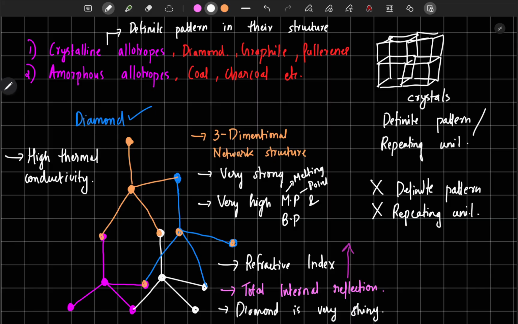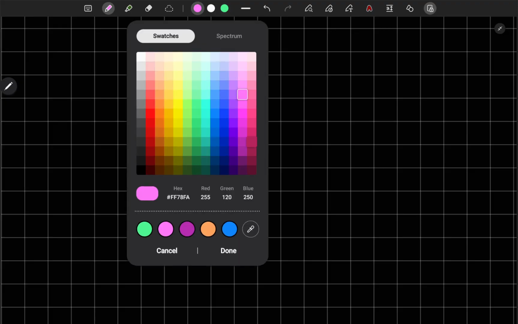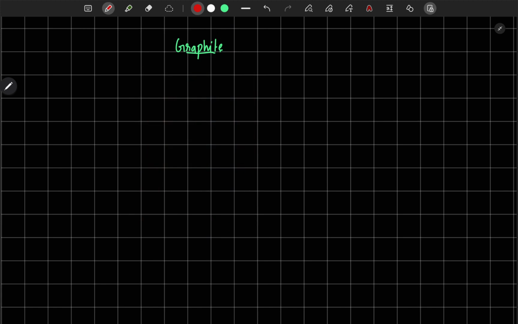Now let us look at the structure of graphite. Here I will draw the structure of graphite. We can easily draw it. I will take C, carbon itself. Carbon is arranged in a hexagonal sheet-like manner in graphite.